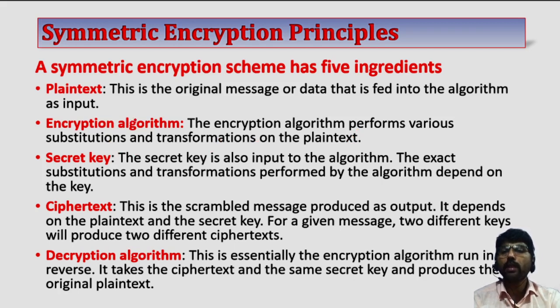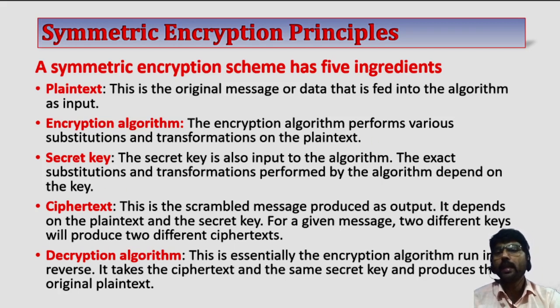Now, the job of this algorithm is to scramble your plain text information which is in the readable format into unreadable format. That can be done by using some mathematical formulas such as substitutions and transformations and create your encrypted text, also called ciphertext.